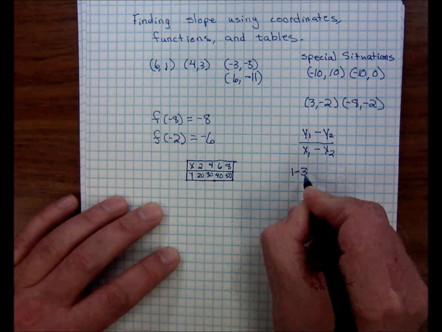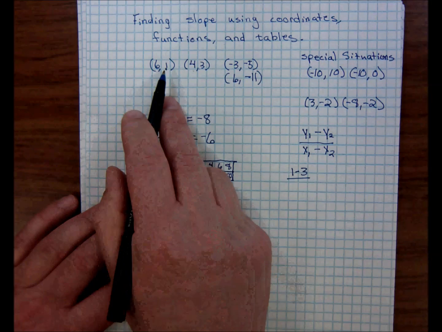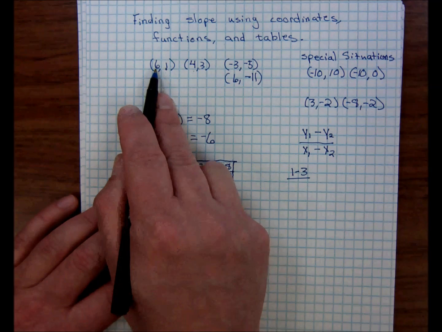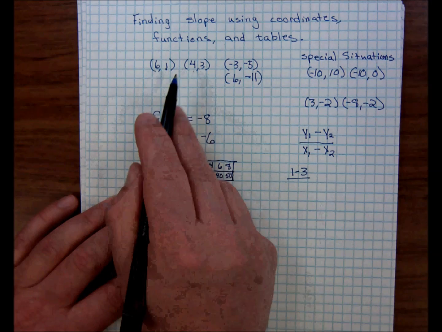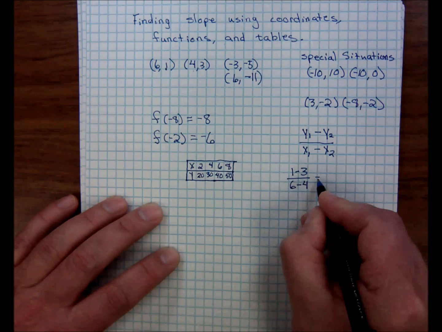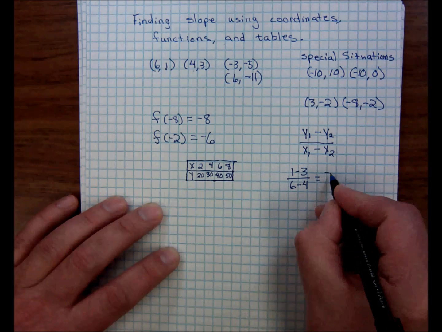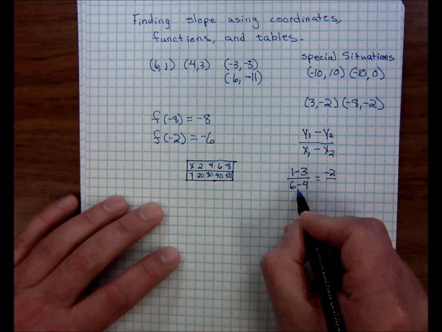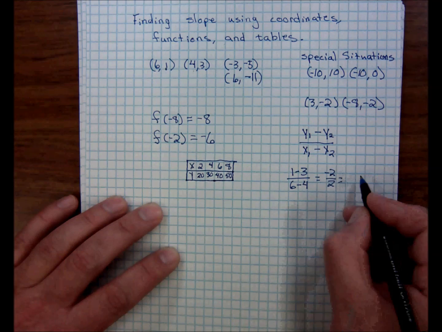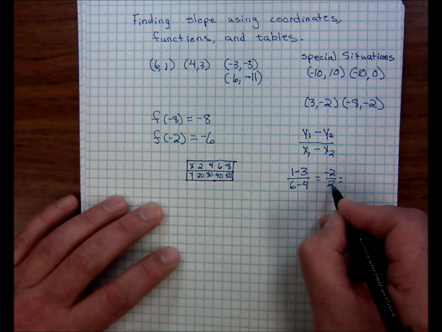And since we used the coordinate 1 from here, we're also going to start with our x coordinate from here, 6 minus 4. This would be negative 2, and this would be 2, and we have a slope of negative 2 over positive 2, a slope of negative 1.